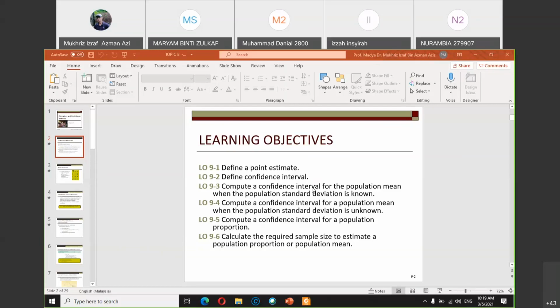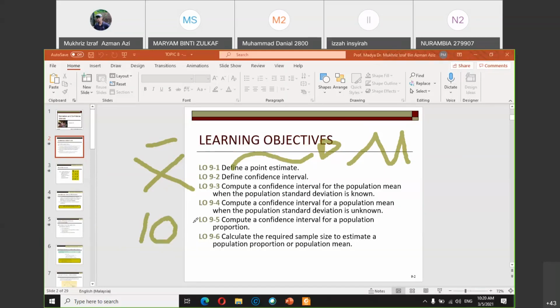When you calculate the mean of the sample, which is X bar, X bar is supposed to represent mu, the mean of the population. So let's say you get X bar equals 10, but it is not surprising if 10 does not equal mu. For example, the mu of the population could be 11, but from the sample you get 10.